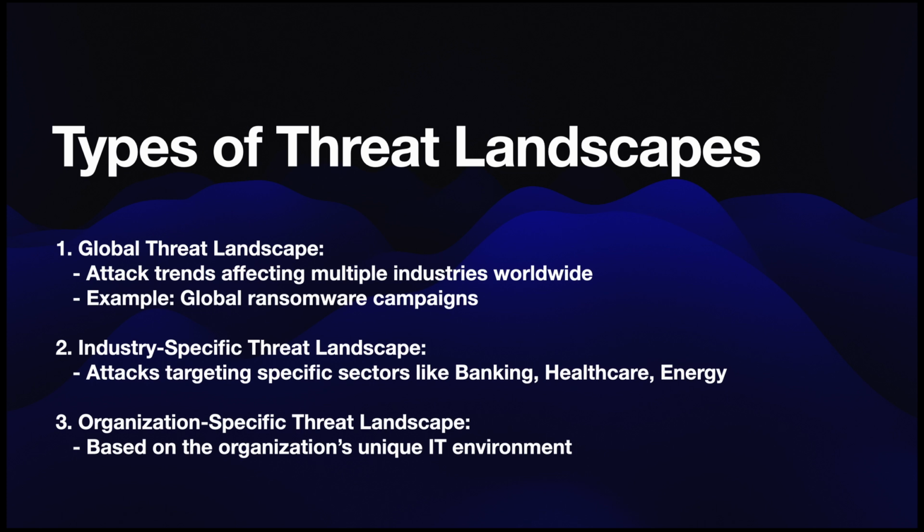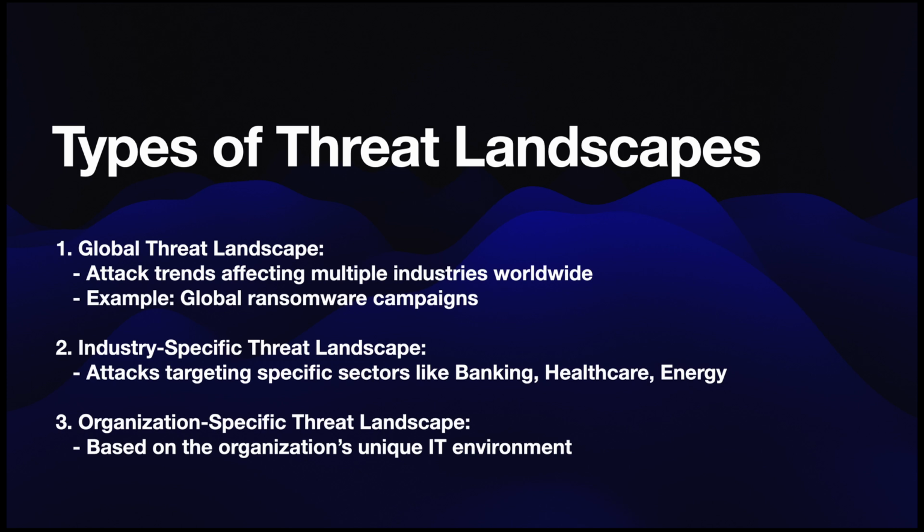First one, the global threat landscape, which happens everywhere and affects many industries. For example, the WannaCry ransomware in 2017 infected hundreds of thousands of computers globally. Second one, the industry-specific landscape. Attackers focus on a particular industry like banking or healthcare.